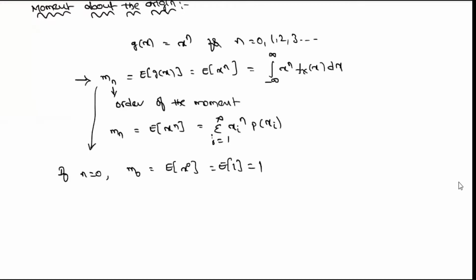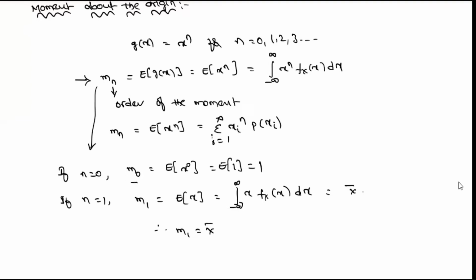Now if n is equal to 1, m1 is equal to the expected value of x, which is the integral from minus infinity to plus infinity of x f_X of x dx, represented by x bar, the expected value of x. Therefore, m1 is equal to x bar, and m0 is equal to 1. These are predefined values. You can remember these values for problem solving.